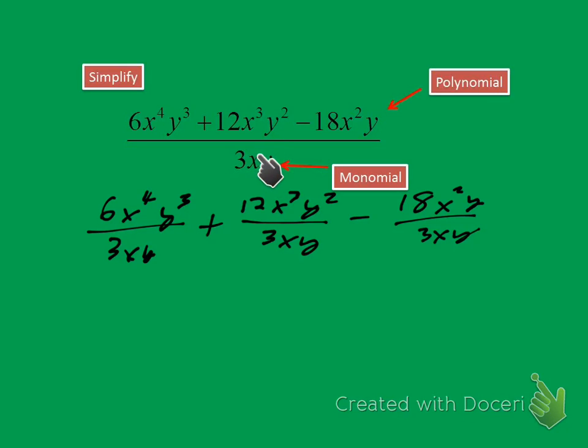Right, because that 3xy is like a common denominator. It's common to all three of these terms up here. So you split it off into all three, and then you simplify each individual fraction like we did in 4.1.